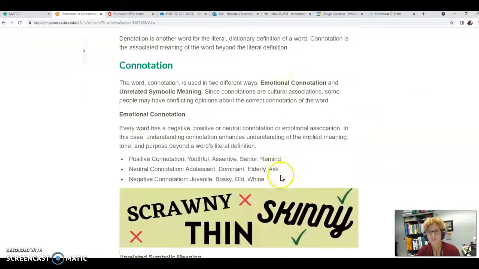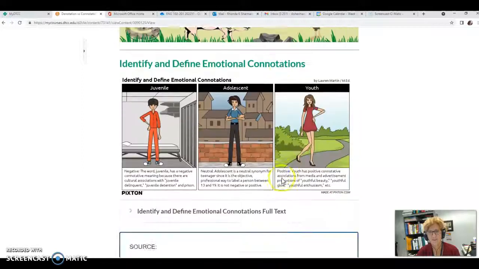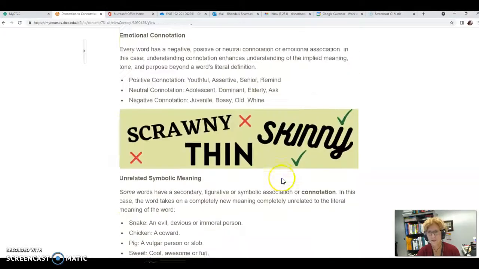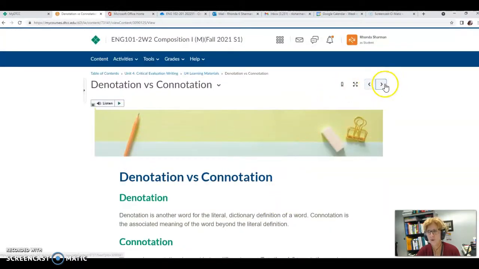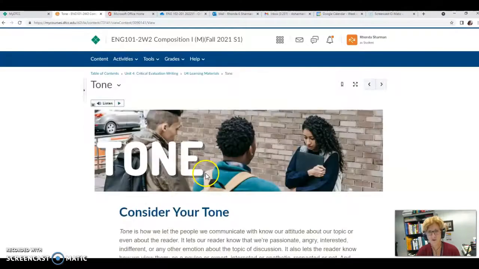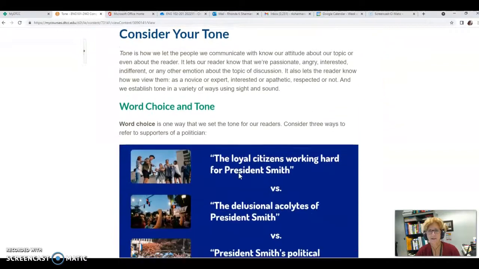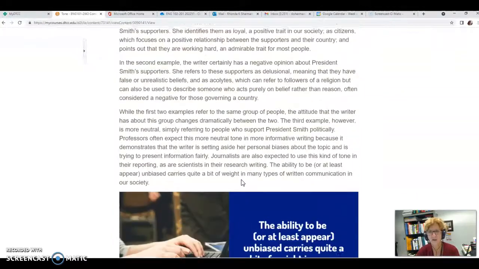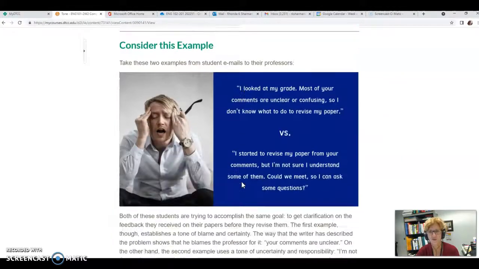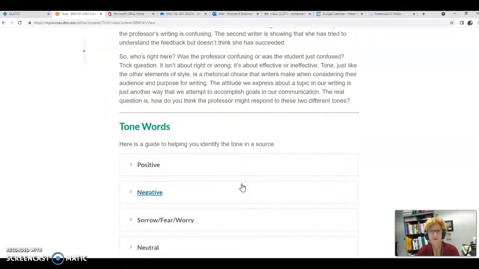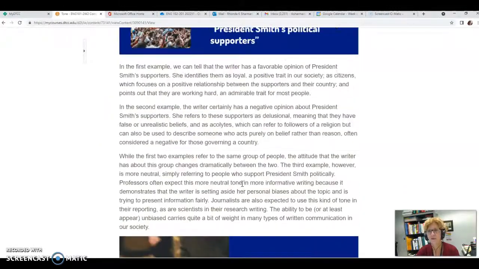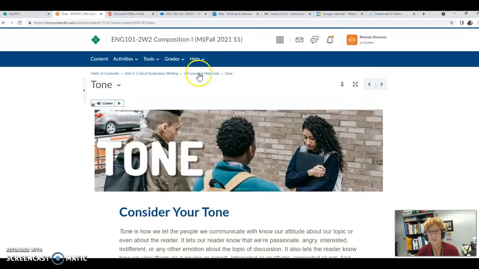Read about those terms, understand a little bit about what we mean by connotative language, and then you also will read about tone. Understand what that term means and how that applies to language and figuring out what the author is trying to do in any given writing. So read through those two materials and then you'll be ready to do part 3.